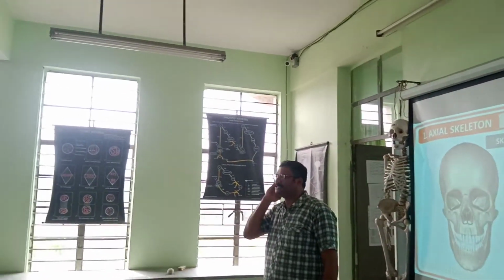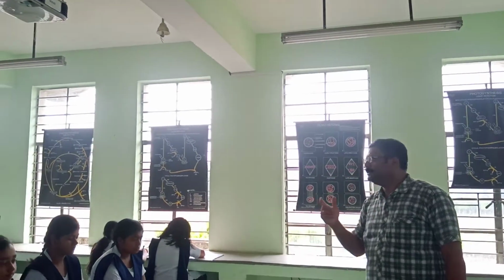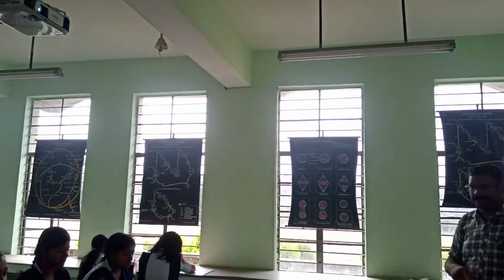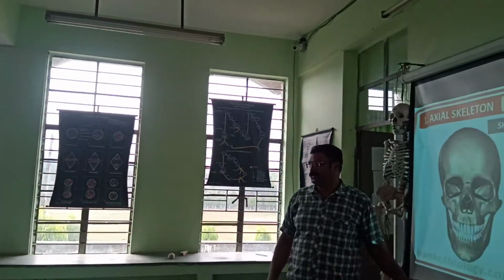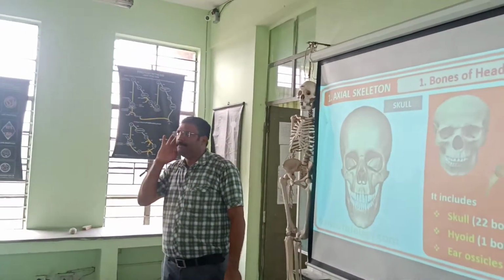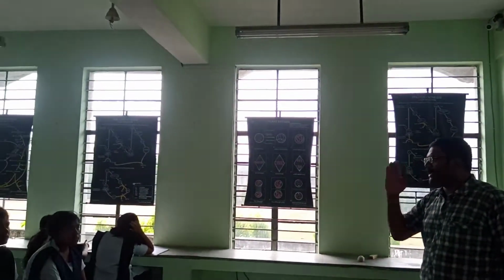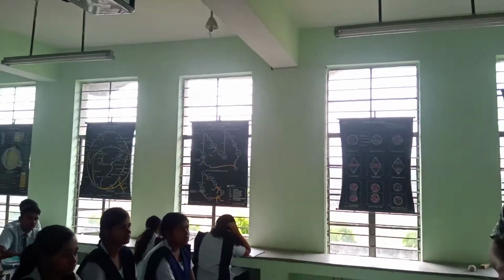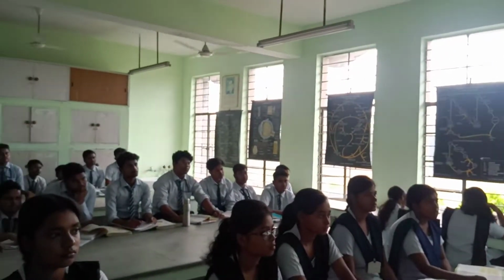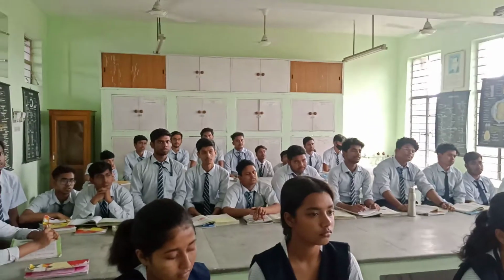There are two ears, and each ear is divided into the external ear, middle ear and internal ear. The bones specifically present in the middle ear are 3 plus 3, that is 6. What are the 3 bones? These 3 bones are Malleus, Incus and Stapes. Okay, good. Next slide.